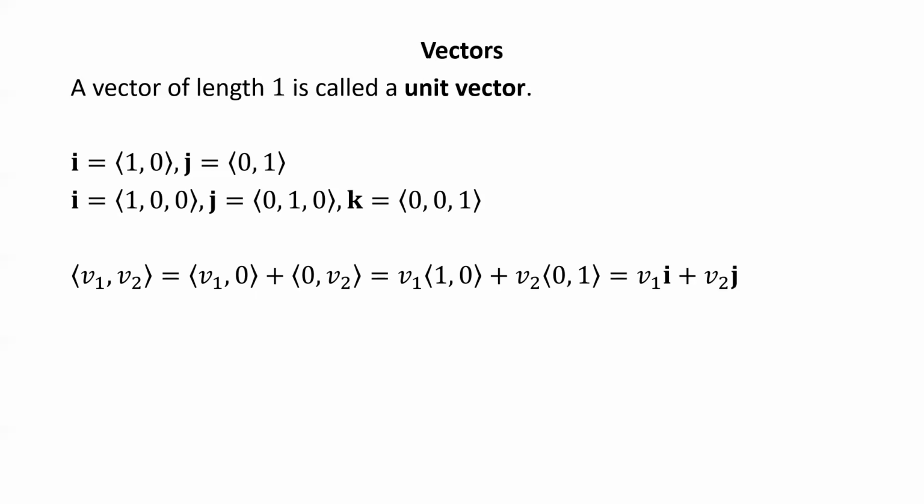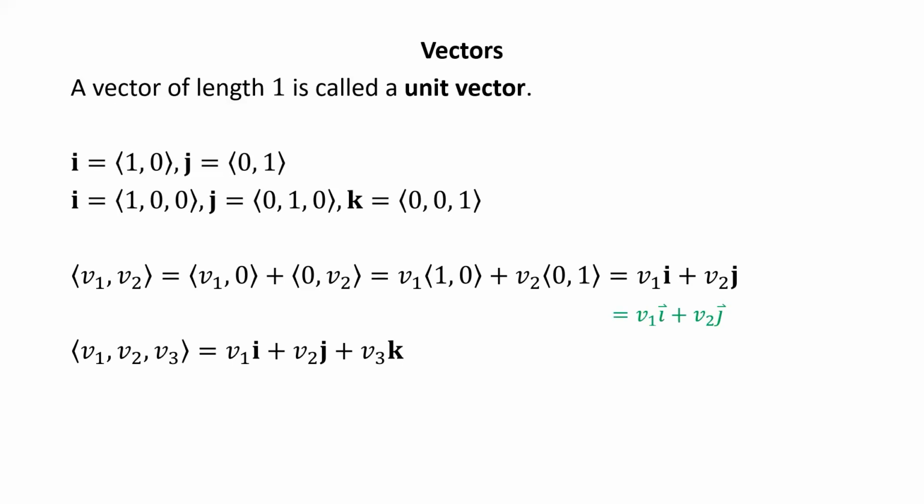So we see that we can write the vector v1, v2 as the vector v1i plus v2j. So the form on the left is the component form, and I'll call the form on the right the ij form. Similarly, in 3 space, we could rewrite the vector v1, v2, v3 as v1i plus v2j plus v3k. So we have both the component form and the ijk form.